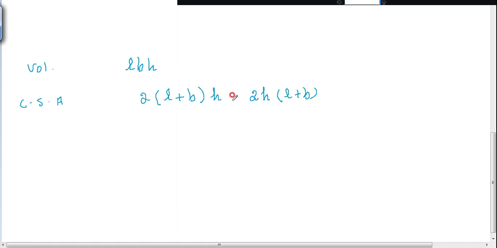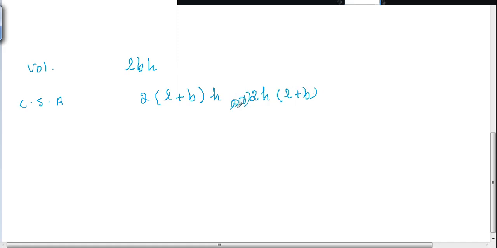Just you recall this, you keep it in mind, then very well you will be able to say the formula without saying. Just you see, volume of the cuboid, base area into height. Curved surface area of a cuboid, what I told you? Base perimeter into h. Otherwise, you can write like this also. I said 2h into (L plus B).